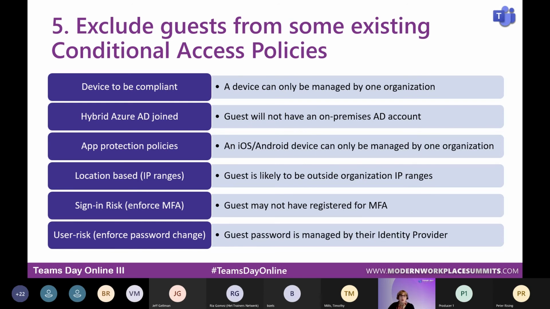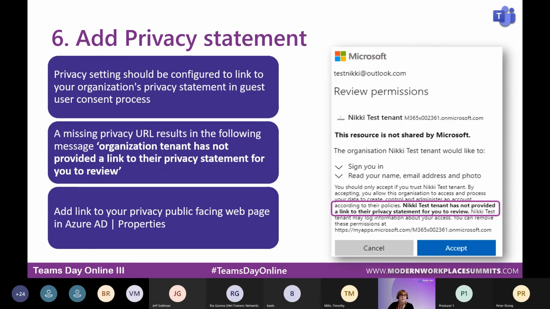Also, if you've got the higher levels, the EMS packs, you might be using the sign-in risk and the user risks. Again, make sure you take guests out of those as well, because you can't manage those. The guest may not have been pre-signed for MFA and a guest doesn't have a password. So really make sure you review all of those with your conditional policies.